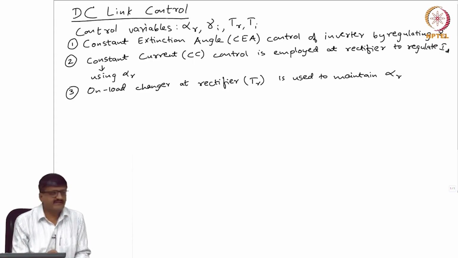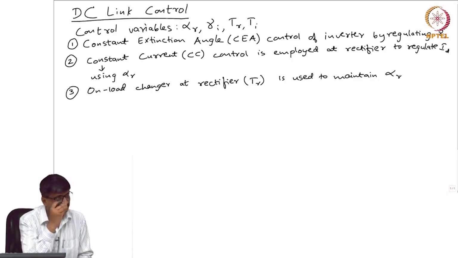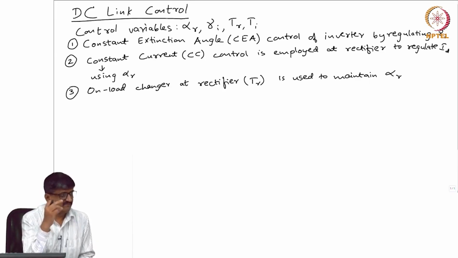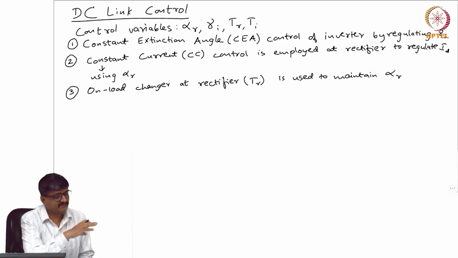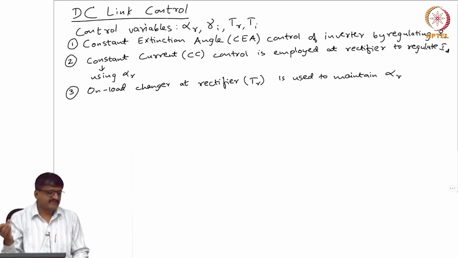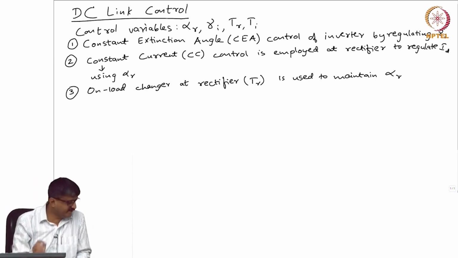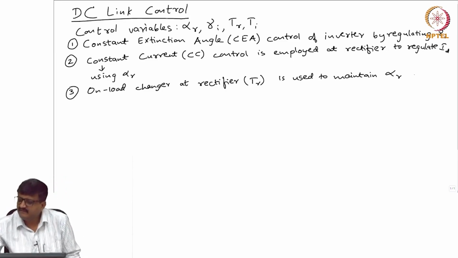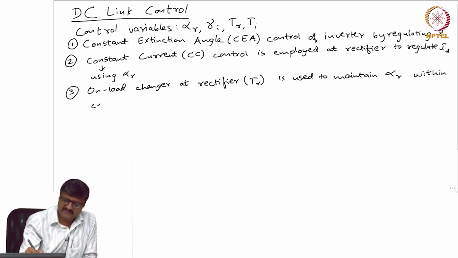Though having alpha R close to 0 will have some advantages, like improving the power factor and reducing the dV by dt stress, we want to maintain some margin for control whenever there is low voltage on the AC system. If there is a low voltage in the AC system, then we can use alpha R to see that the DC voltage is regulated. That is why we maintain alpha R not at 0, but close to 0, within certain limits.